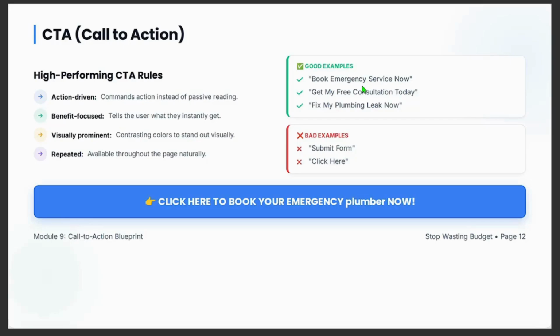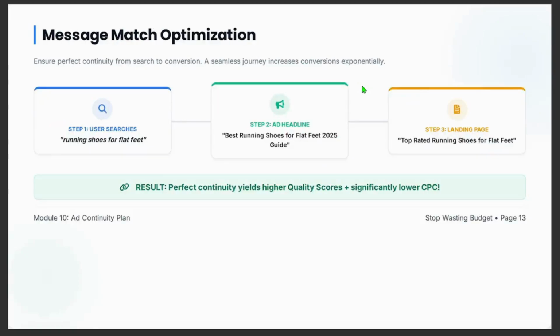And let me teach you about message match. This is the process of matching things: what the user searches, your ad headline, and your landing page headline. All of these must speak the same language. This is very important for your Google Ads.